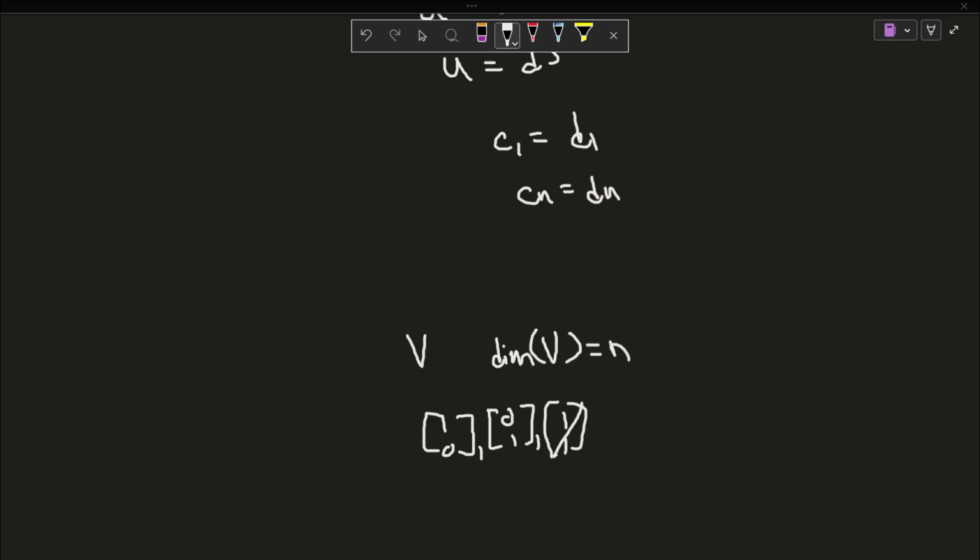So this is kind of the inverse of the previous part. If you have a linearly independent set of vectors in V, then we can add on some vectors to that which are going to make it a basis. So we add on vectors that help it span the entire space.